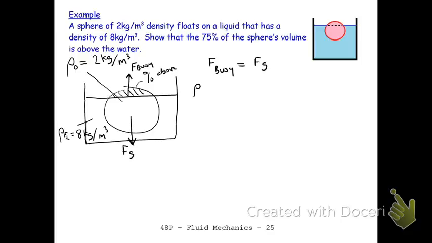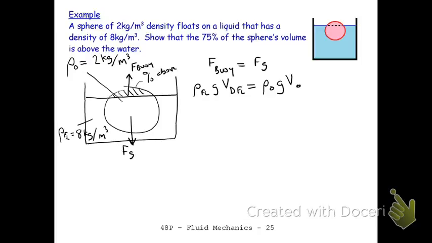And I know this is the density of the fluid times g times the volume of the displaced fluid, which equals the density of the object times g times the volume of the object. The object is the object. It doesn't matter if it's in the water or out of the water. We're separating out the weight bit from the buoyant force bit. And the weight bit just depends upon the volume, the density, and gravity.